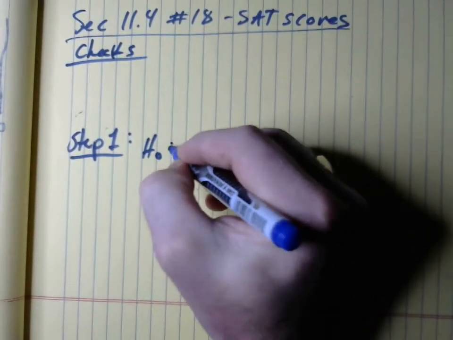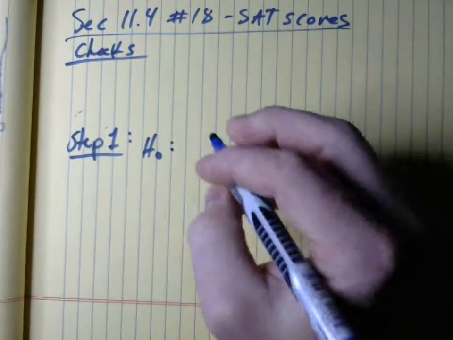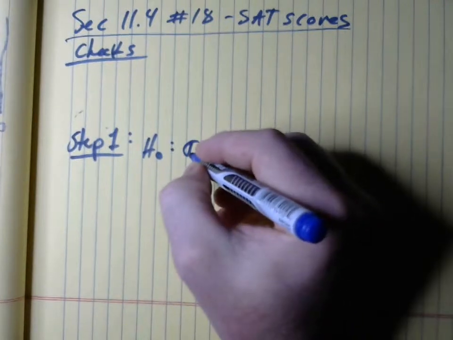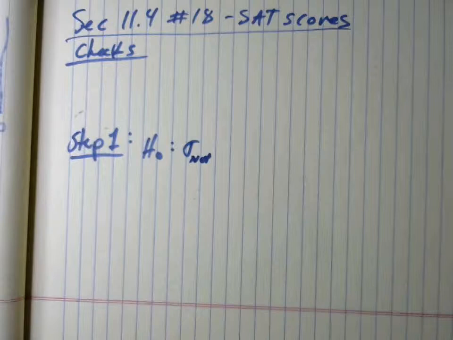The H0, the null hypothesis, since we're making a hypothesis on the population standard deviation of students who do not apply for financial aid.